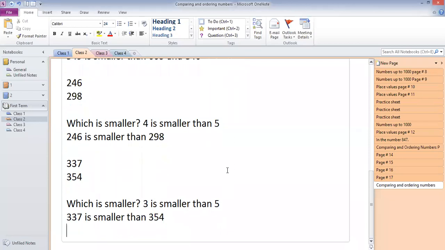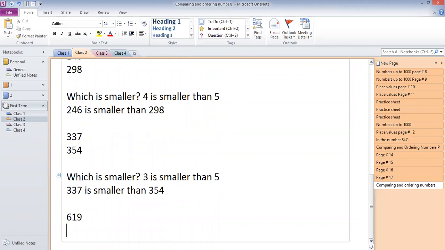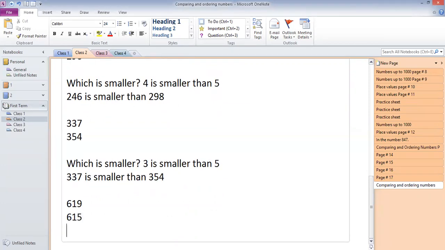Now guys, let's take one example where the 100 values are also same, tens values are also same. Then how will we compare? Check out the example. Let's take the number 619 and 615.